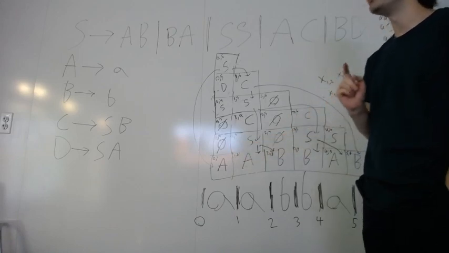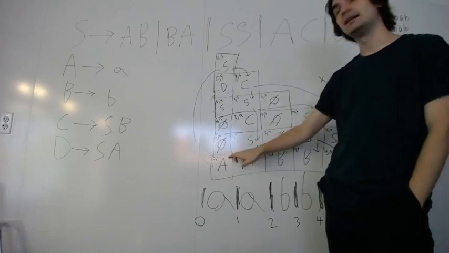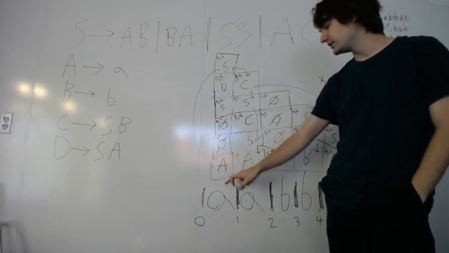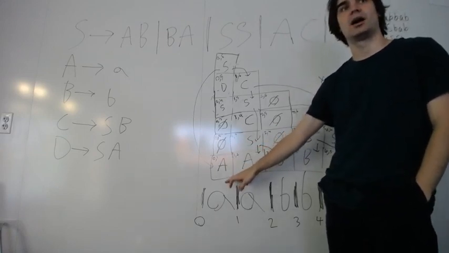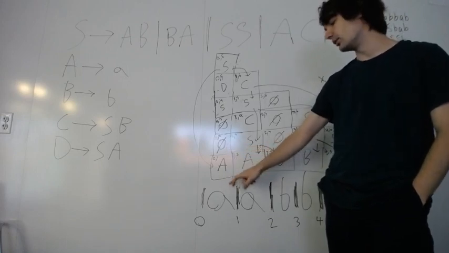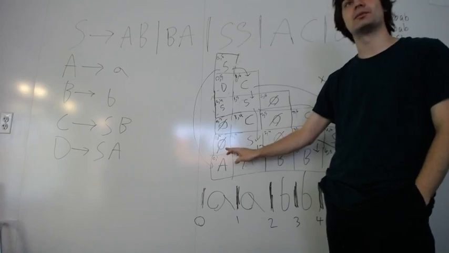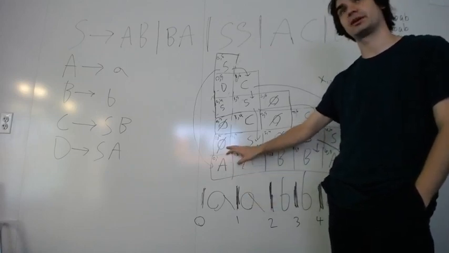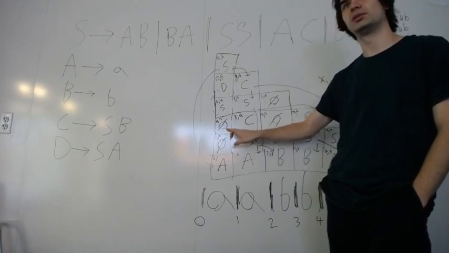There can be as many variables in a square as the number of things below it. Starting here, this is always going to have 1. This will have at most 1, because we check this. We stop considering terminals once we're here. This will have at most 2.